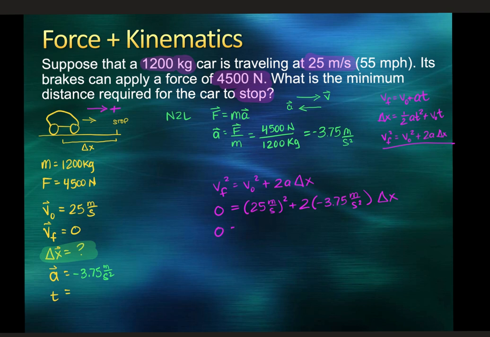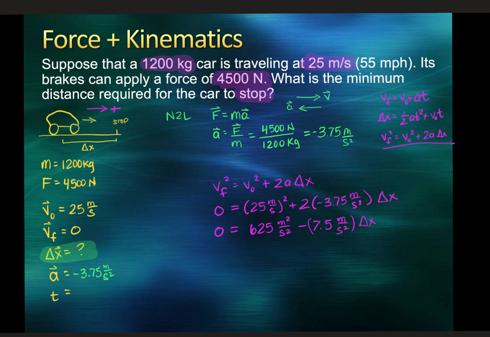From here on out, it is all math. So let me pull up the old calculator. 25 squared is 625. And I'm going to end up with my units, meters squared over seconds squared, minus 3.75 times 2, minus 7.5 meters per second squared, and that is delta x.